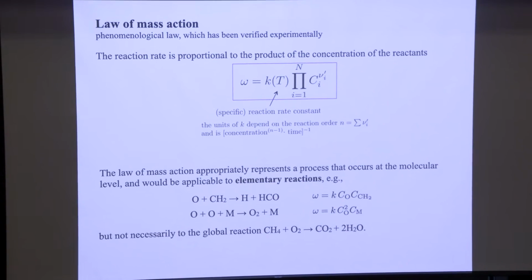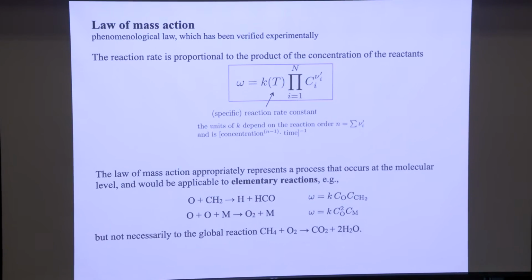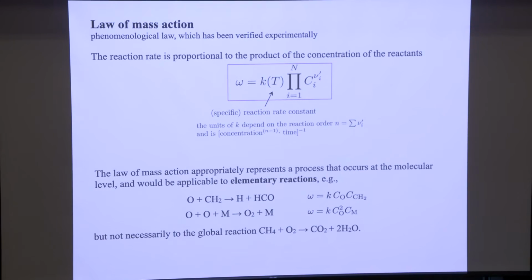The law of mass action appropriately represents the processes that occur at the molecular level and would be applicable only to an elementary reaction. So it's not necessarily true for a global reaction, but nevertheless, we use it for a global reaction, while relaxing the idea that those are the stoichiometric coefficients. They can be just empirical numbers that we refer to as reaction orders.